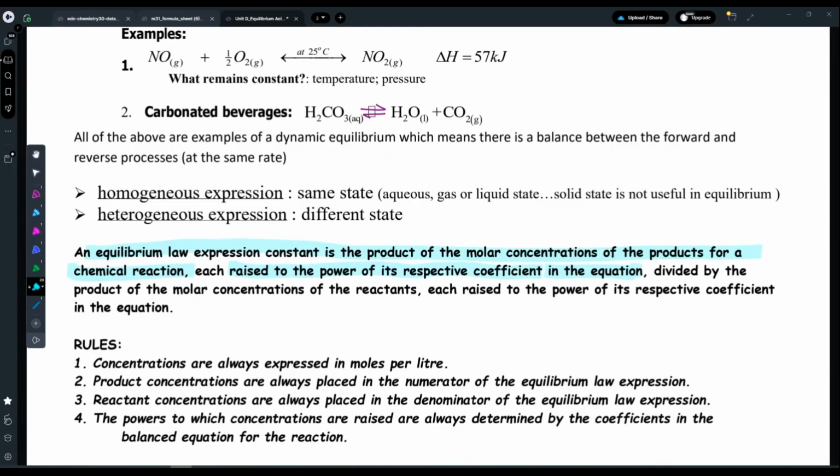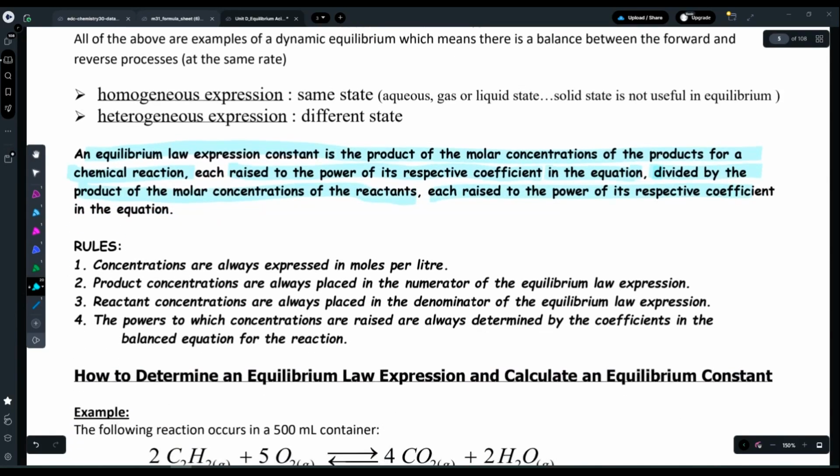If it's not balanced, then you need to balance it before you write your equilibrium law expression. Then the products are divided by the product of the molar concentrations of the reactants, each raised to the power of its respective coefficient in the equation.